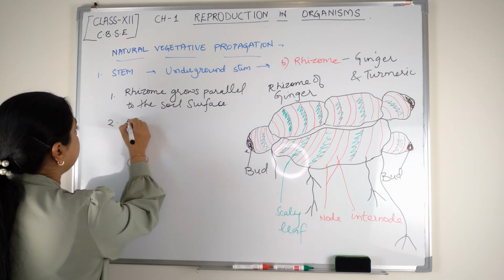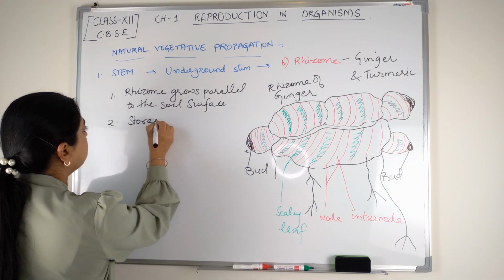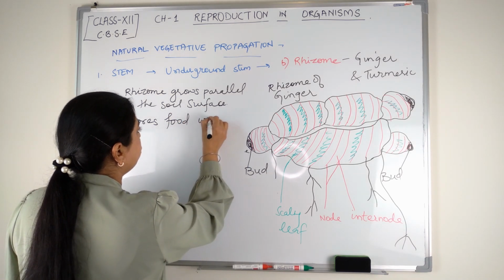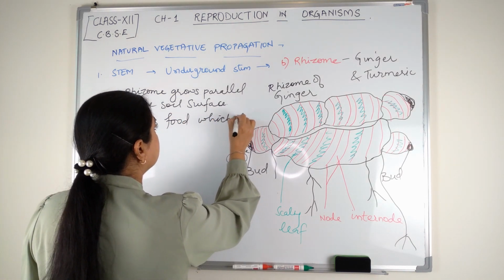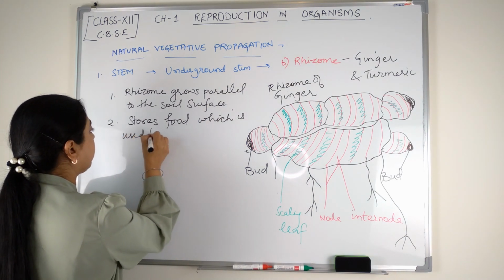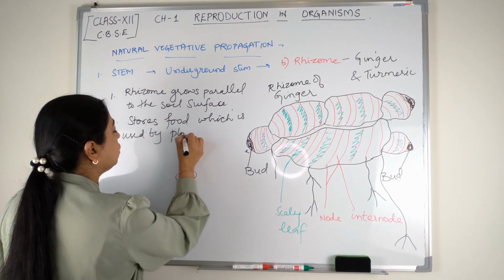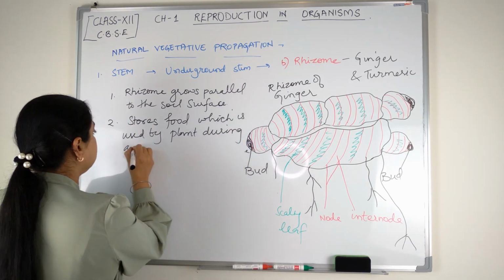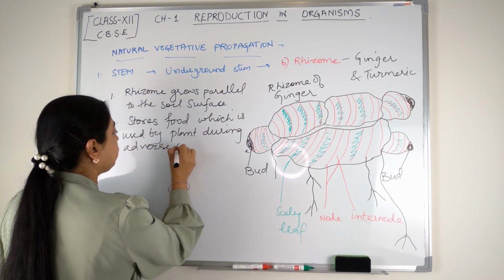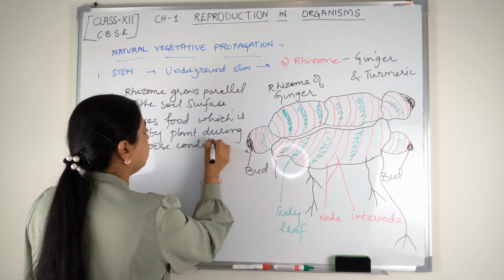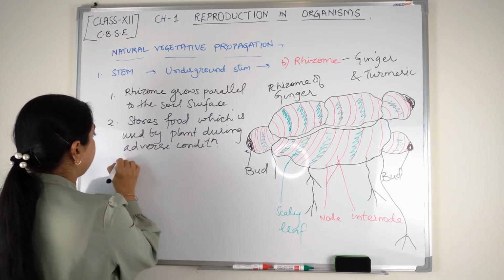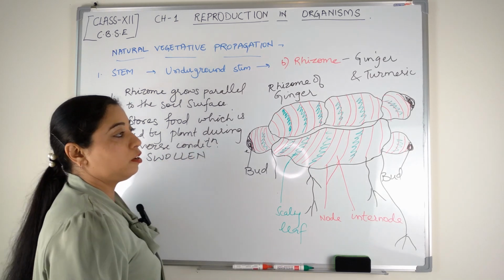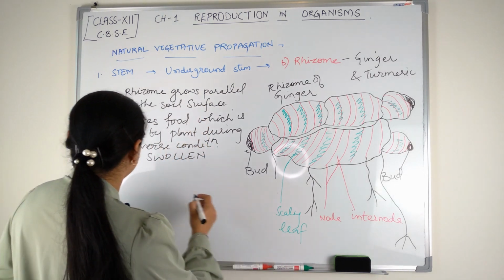So, rhizome stores food which is used by the plant during adverse conditions. Okay, so that's why it is swollen in structure.